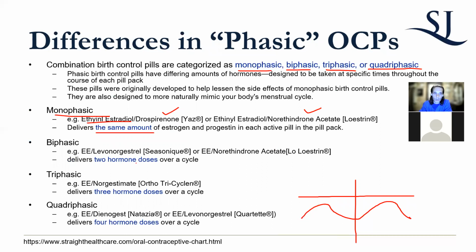Then people came along and said, well, it shouldn't really be like that, because that's not what the menstrual cycle is like. So there are biphasics that go into two. So you have pretty much a response like this, right? Well, actually, it's more like that. There's triphasics that divide it even further, like 1, 2, 3. It doesn't always increase.